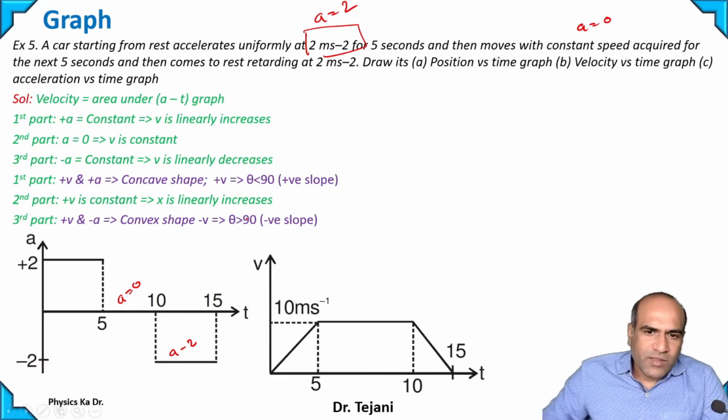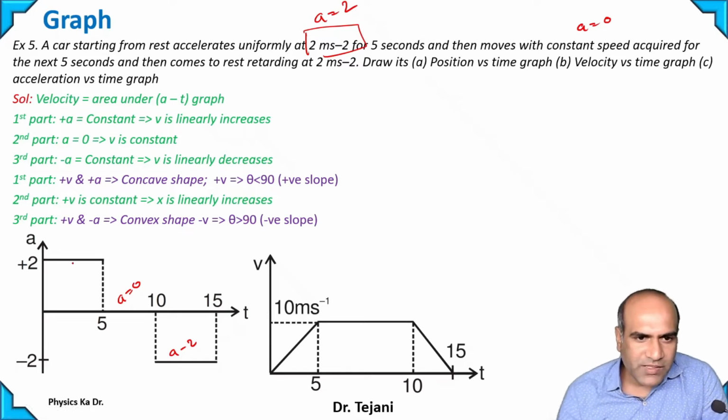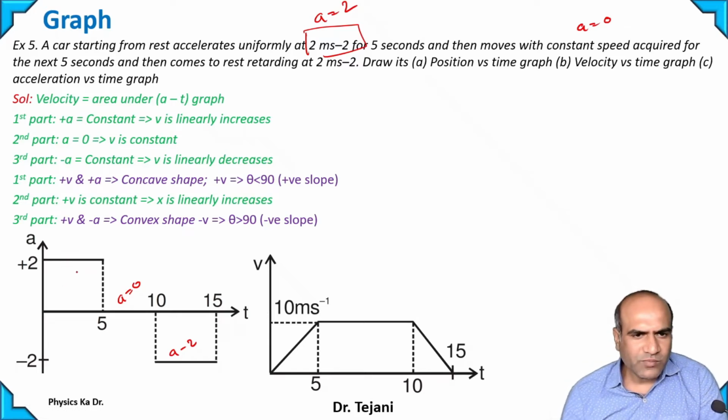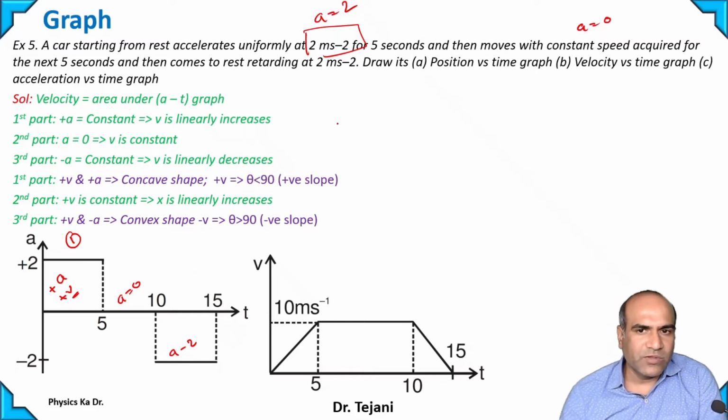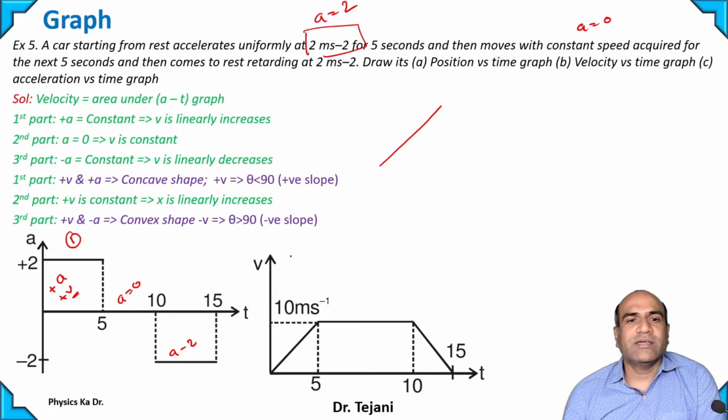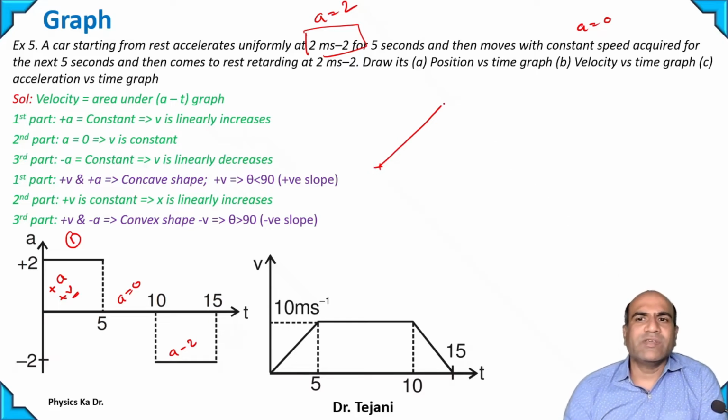Now from this diagram, for the first part, acceleration is positive and velocity is also positive. When velocity and acceleration are both positive, velocity increases in a straight line. Acceleration is constant, therefore this v-t graph is a straight line.